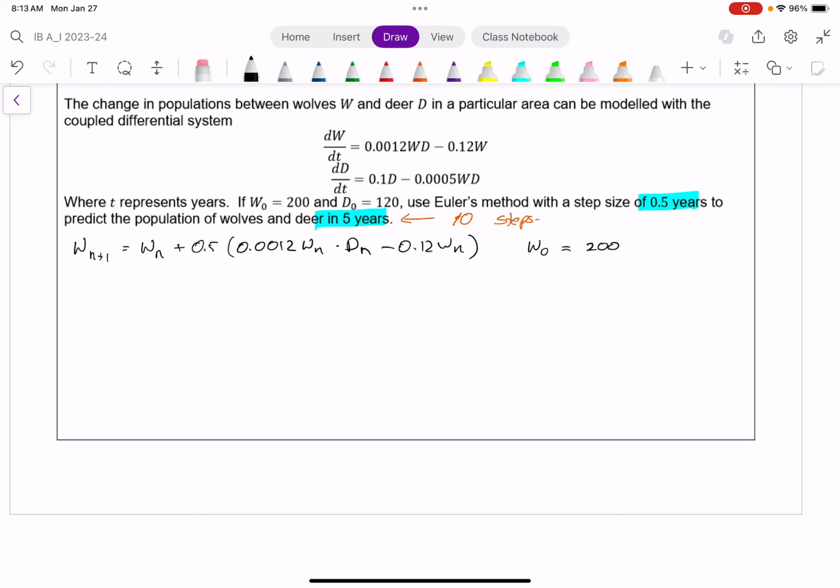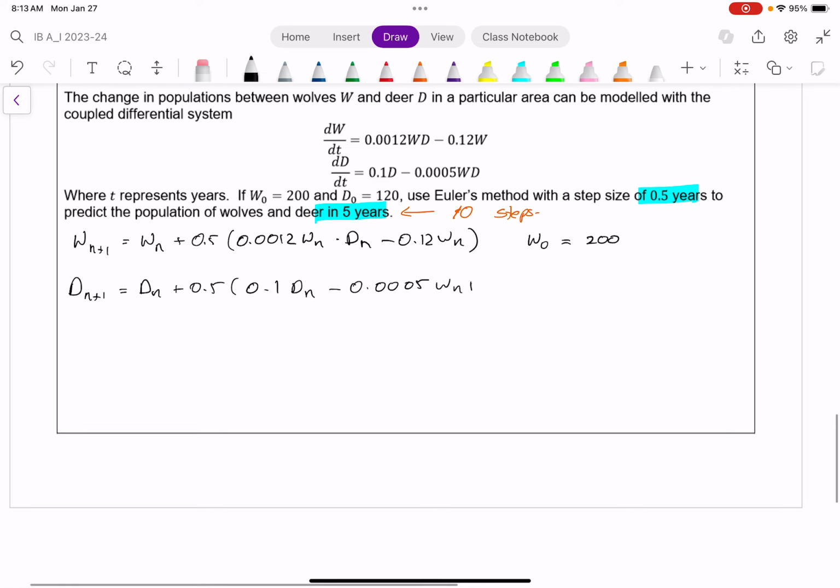Then I have deer, so dn plus 1 is the previous population of deer plus the step size times the slope, the differential equation, 0.1 dn minus 0.0005 wn dn, with an initial population of deer equaling 120.